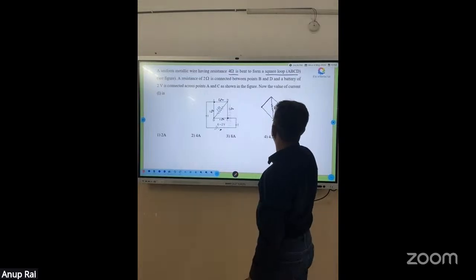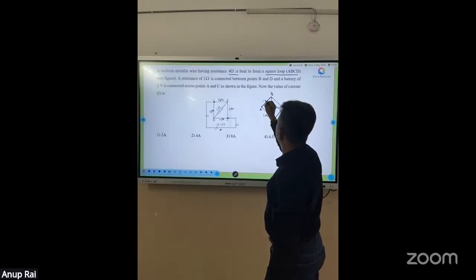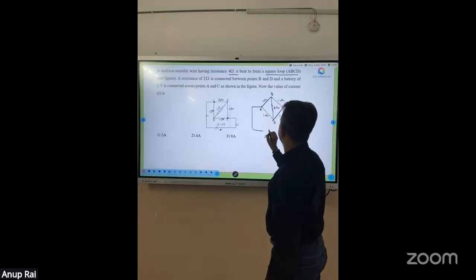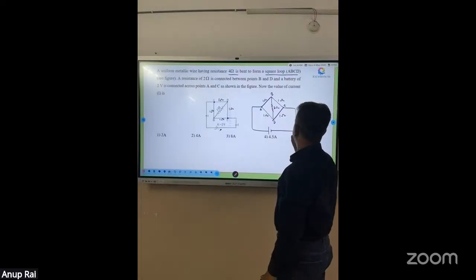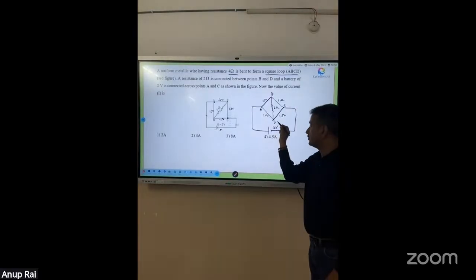Here it is 2 ohm. This point is A and this point is C. This is B and this is D. All these are 1 ohm, right? And the battery is connected here, which is 2 ohm. So it is the balanced Wheatstone bridge.